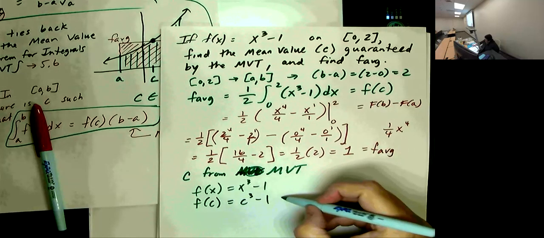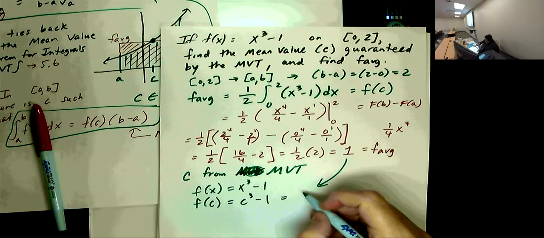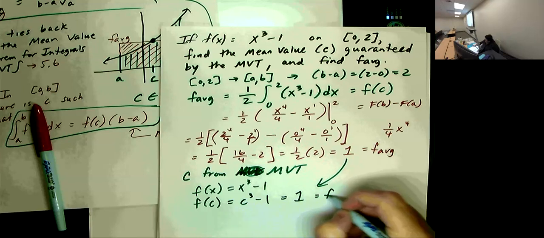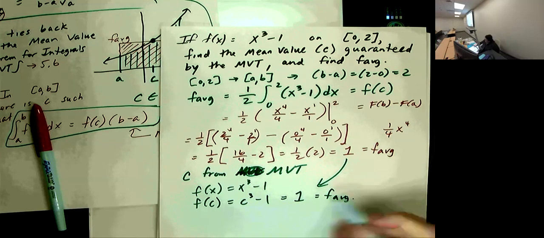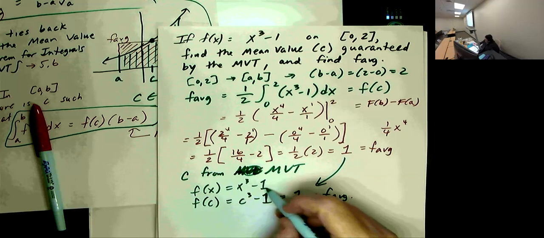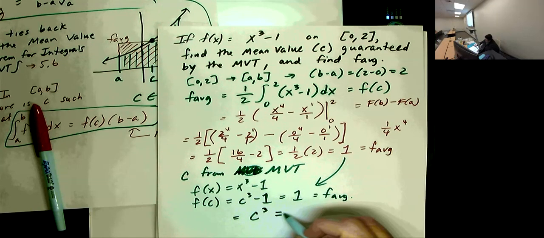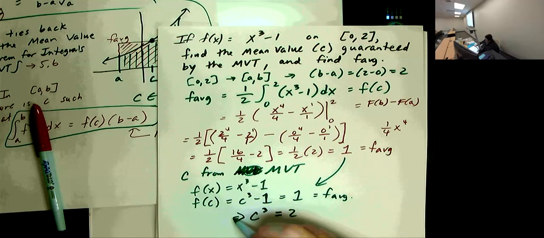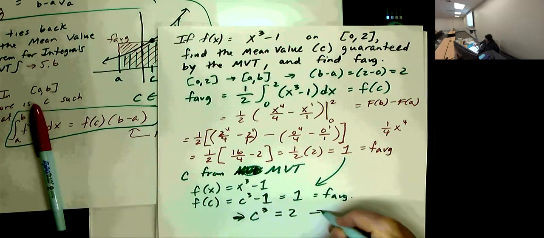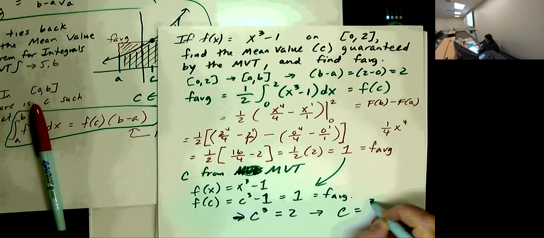And that has to equal our f average. So I get c cubed equals 2. And then c is the cube root of 2. It's not necessarily a nice number, but it is a number.